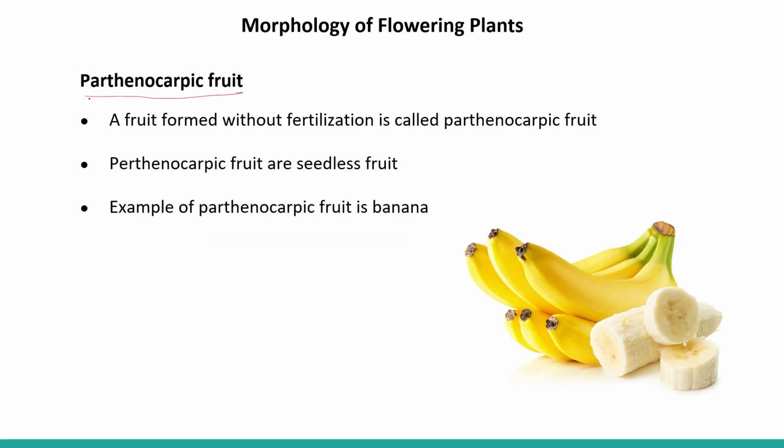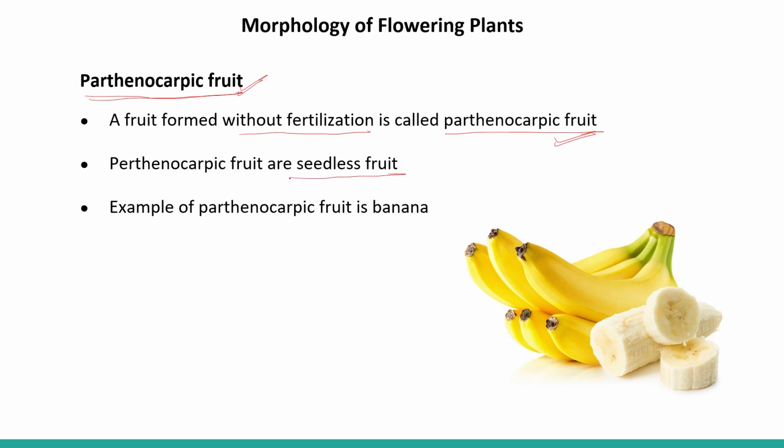Parthenocarpic fruit, we discussed it in the first slide: when there is no fertilization and the ovary changes to fruit, it is called a parthenocarpic fruit. A fruit formed without fertilization is called a parthenocarpic fruit.